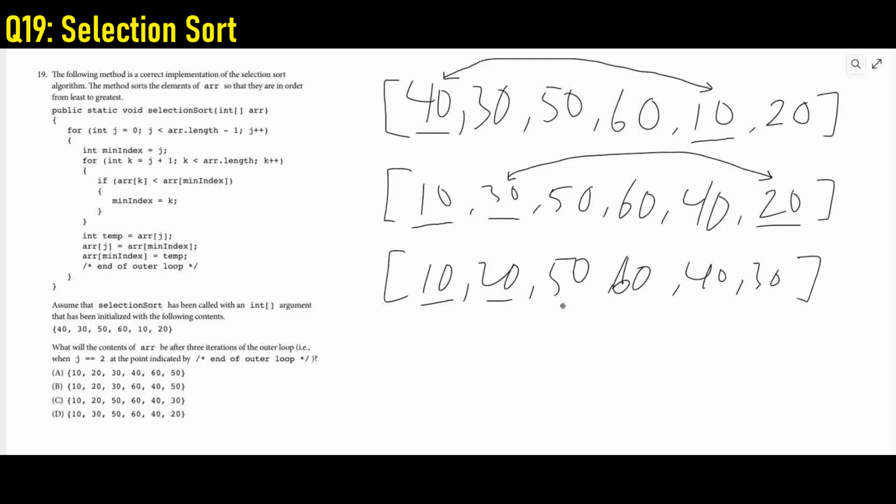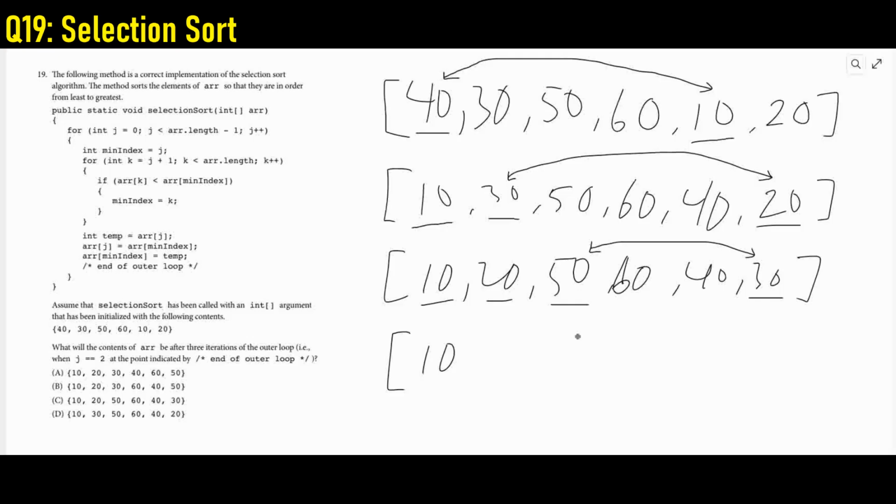Now we move on to 50. 60 is greater than 50, so we're not going to mark that as a minimum, but 40 is, so at that point we're going to mark it as a minimum, but then we go on to 30, which is less than 40, so that's going to be our new minimum. And since we traverse all the elements that are unsorted at this time, we're going to swap 30 with 50, which is the third element in the array.